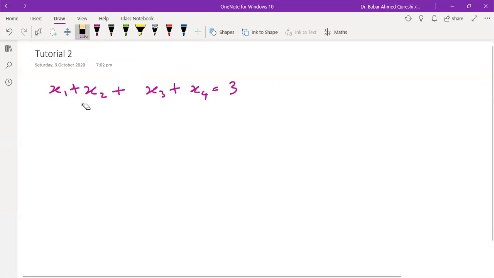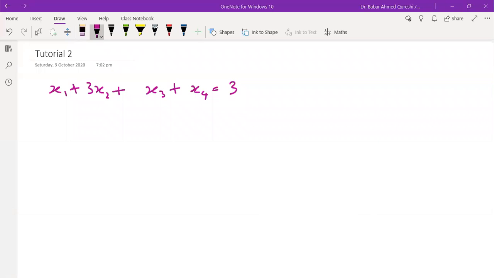Let me put a 3 here. And the next equation in this system is 2x1 minus 2x2 plus x3 plus 2x4 is equal to 8.